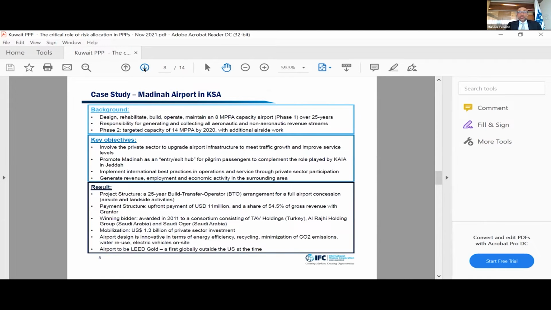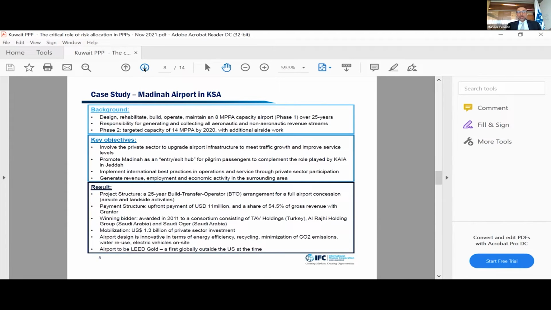What were the objectives of the government? The first and foremost objective was to have an airport sized according to the growing demand in the kingdom. They wanted to promote Medina as an entry-exit hub. When you go for Umrah or Hajj, you would like to go to Mecca as well as Medina. For Mecca, you have Jeddah Airport.